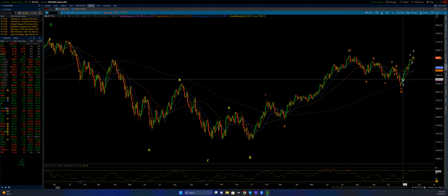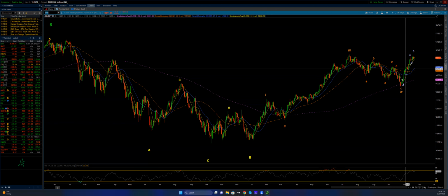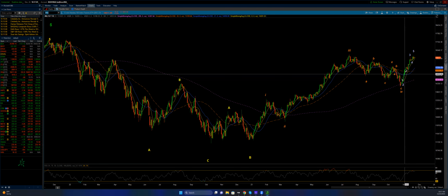It has just shown extreme strength as we trigger that indicator, and then also to see a large capital return back into the market.